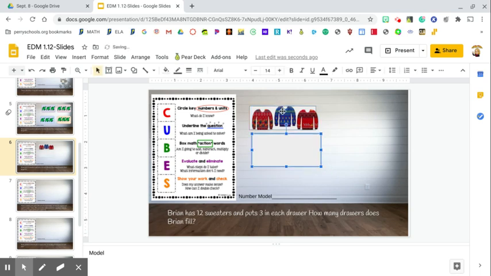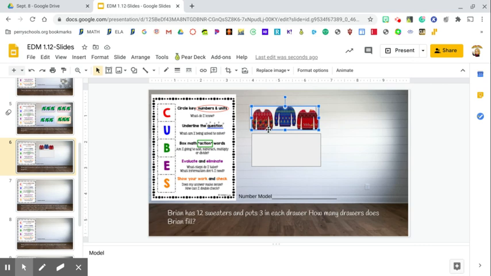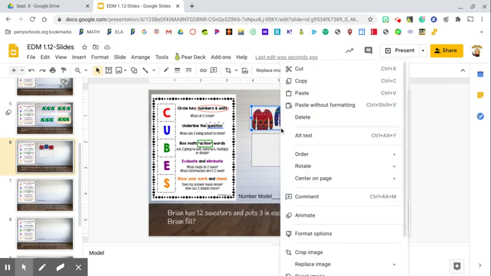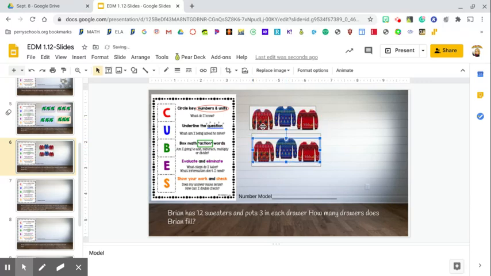Now I'm still going to use these 3 sweaters, so I'm just going to right click it, or 2-finger click it so that I can get my options, and I'm going to hit copy. And then 2-finger click it again and hit paste. And that's just copying the drawers and putting them in there again. So I have 1, 2, 3, 4, 5, 6. I need to draw another drawer because I have 12 that I have to put in drawers.